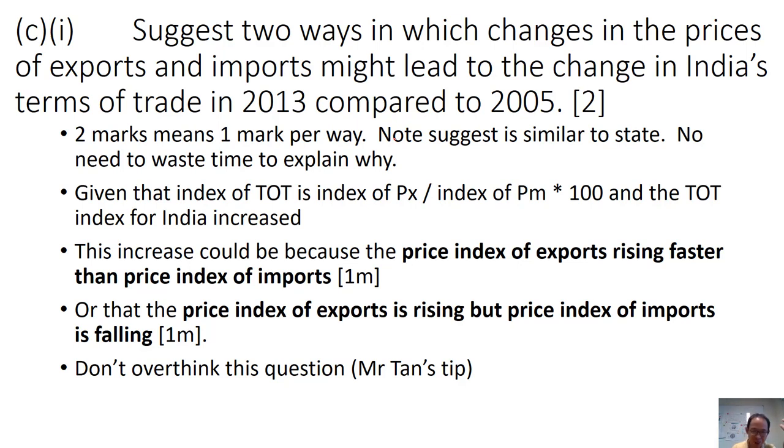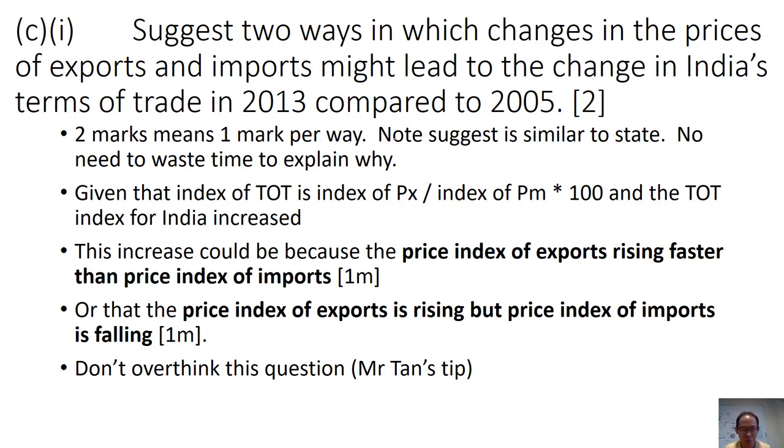Or you could say that the price index for exports is rising, but the price index of imports is falling. That will be another mark. Of course, there are various permutations and combinations that this might be possible. So you could say that the price index of exports is falling, but the price index of imports is falling at a greater rate, at a faster rate.